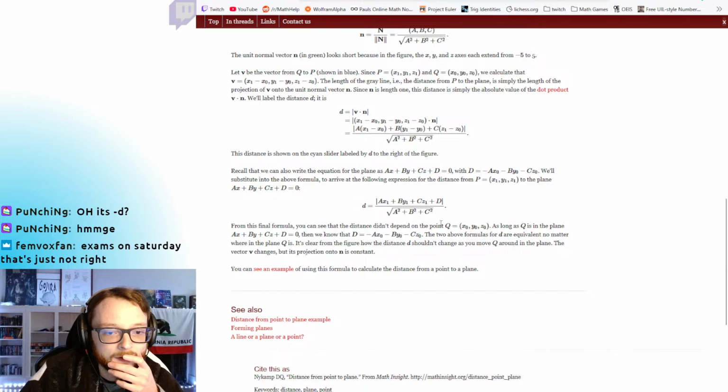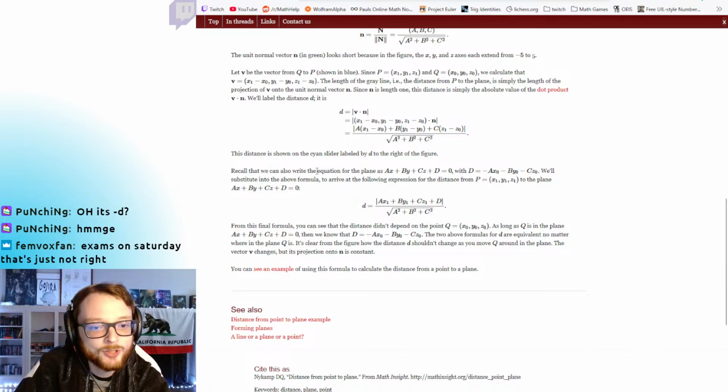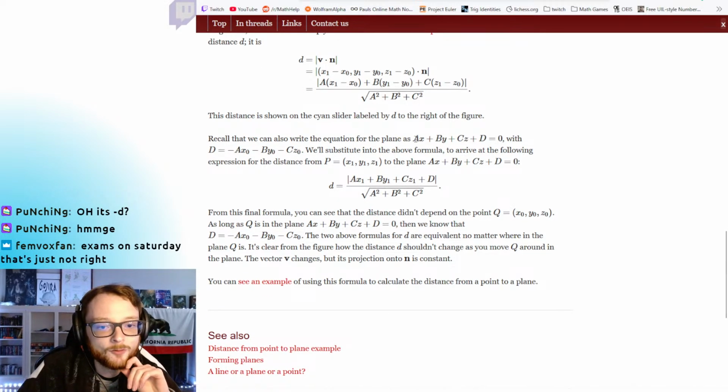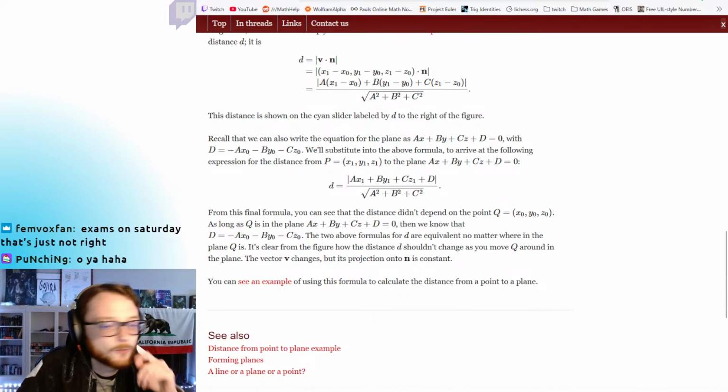Oh, okay. So it depends. It might be plus D, Punching. It depends how you're defining your plane. If you define the plane to be like this, it's plus D. If you define the plane to be the way that I did it, it's minus D. So it's the same thing, but if you're given it with plus D, I'm gonna use that version of it.